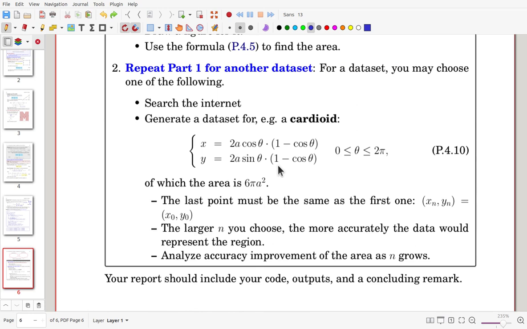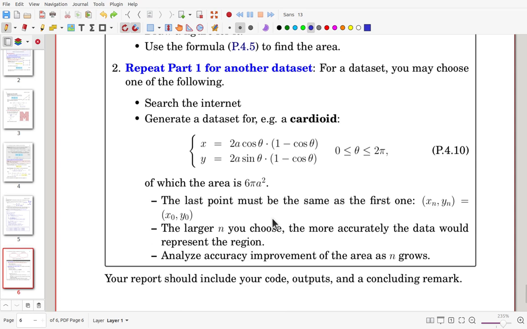Then the data will be made. In this case, the area of the cardioid will be 6 pi a squared. So you may choose a, for example 1 or 2. You can choose a value for a.